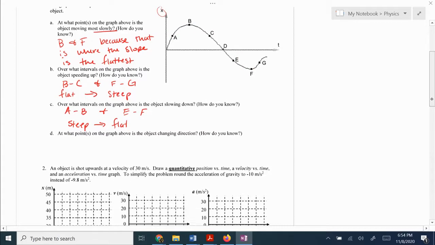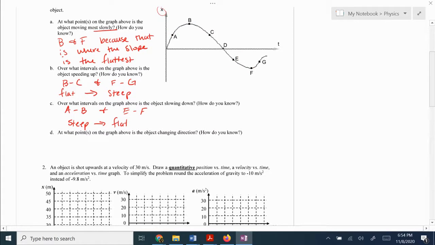Okay, cool. Next up, at what points on the graph above is the object changing direction? So, right, if it's changing direction, we're going from a positive slope to a negative slope, or vice versa, right?